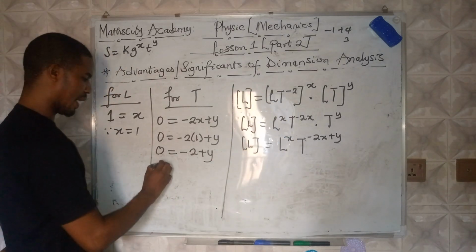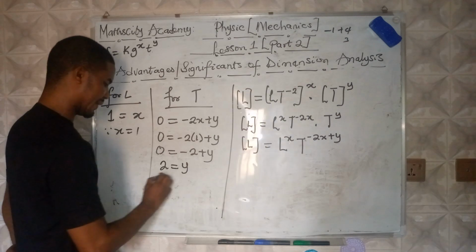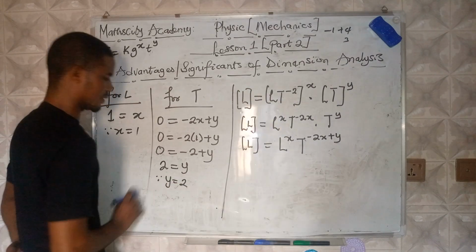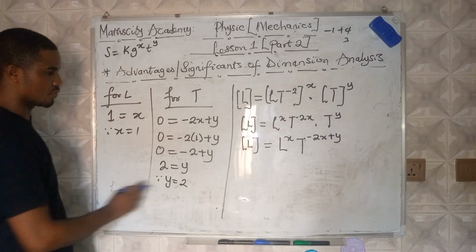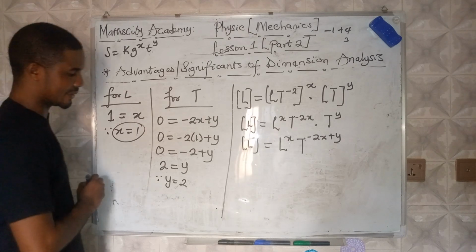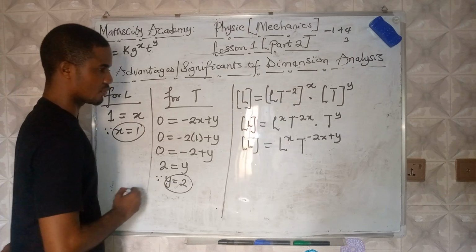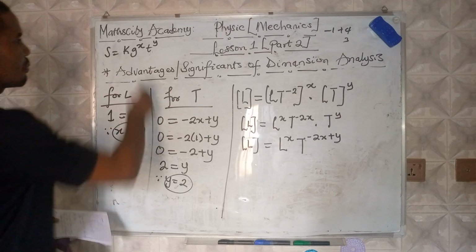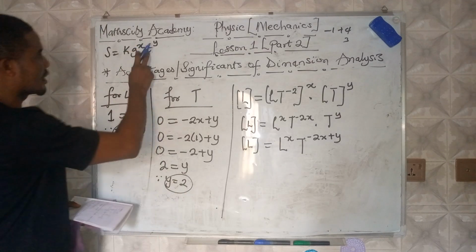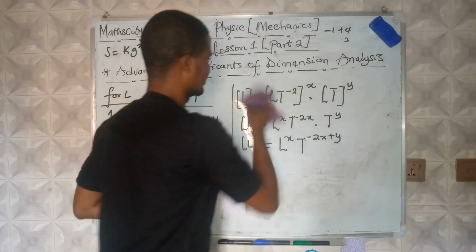Bring the 2 here, so I'll have that 2 is equal to y. Therefore, y is equal to 2. So I've got these values, that x is equal to 1, y is equal to 2. What I'm going to do now is put them into the equation and see the relationship between t and g.